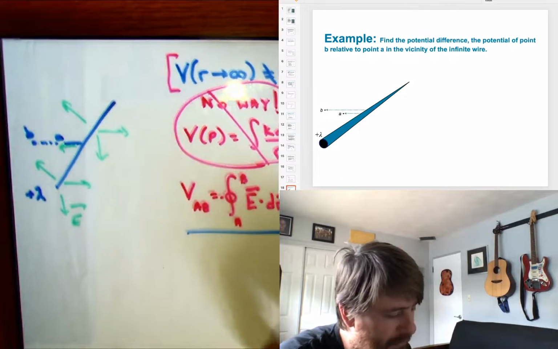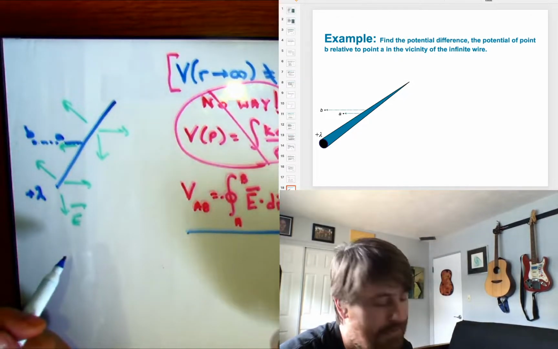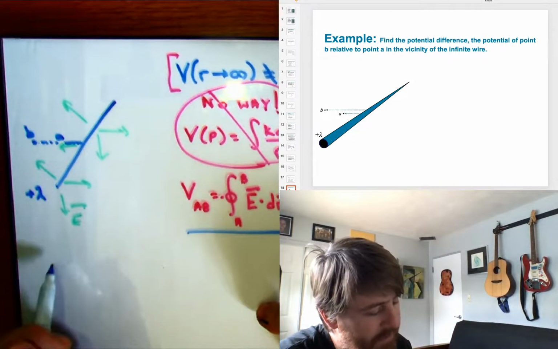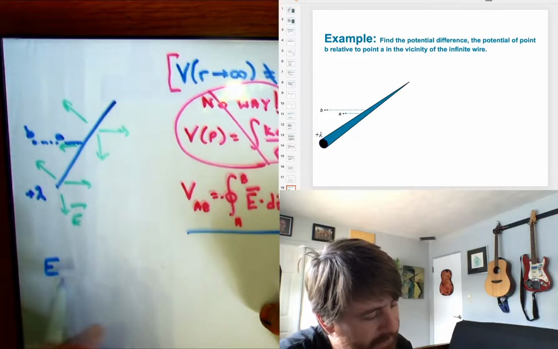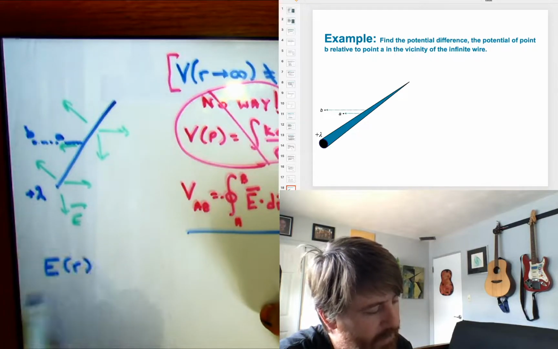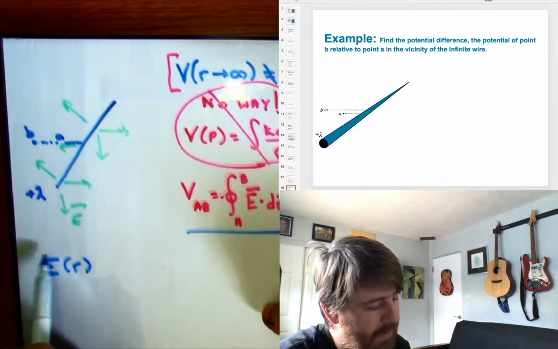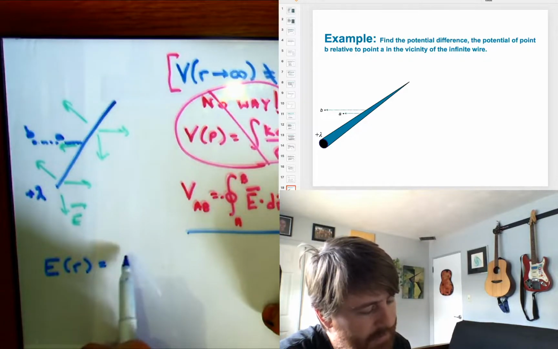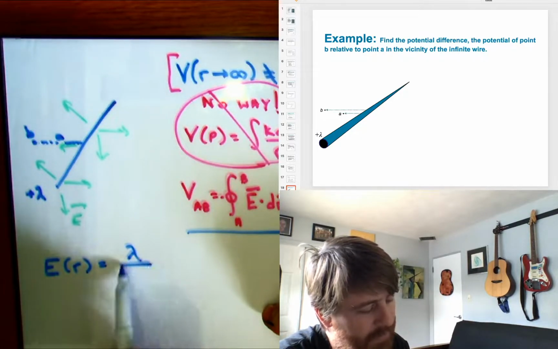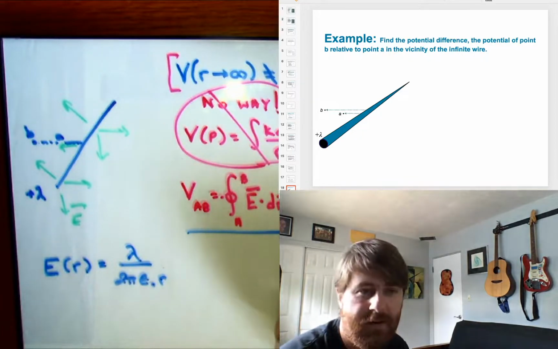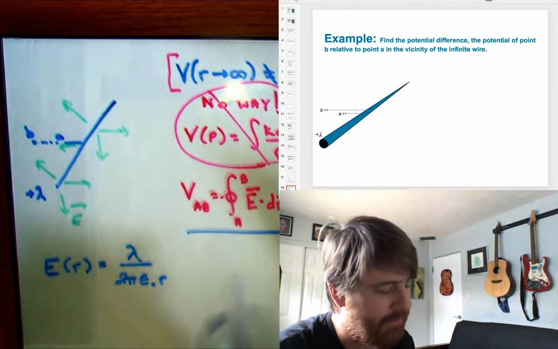And before that, using Coulomb's law and some annoying Coulomb's law integrals, we were able to find that the electric field as a function of R away from this wire is lambda over 2 pi epsilon naught R. That was our electric field from an infinite wire.